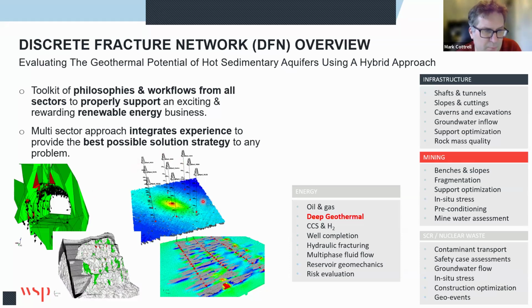So how do we actually push CO2 gas through the fracture network? It could be, how do we connect with particular formations for producing hot water? And then the last one, it could be infrastructure, slopes and tunnels. So it's quite a flexible approach.